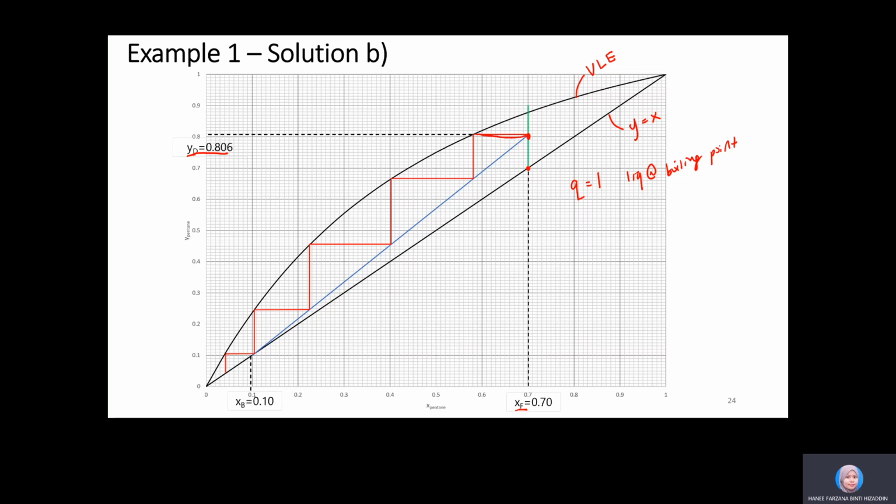So this is our starting point where we need to step off the stages. You step off the stages 1, 2, 3, 4, almost 5, but we stop here because we only have to step off the stages until XB equals 0.1. So around 4 point something, maybe 4.1, 4.2 stages.